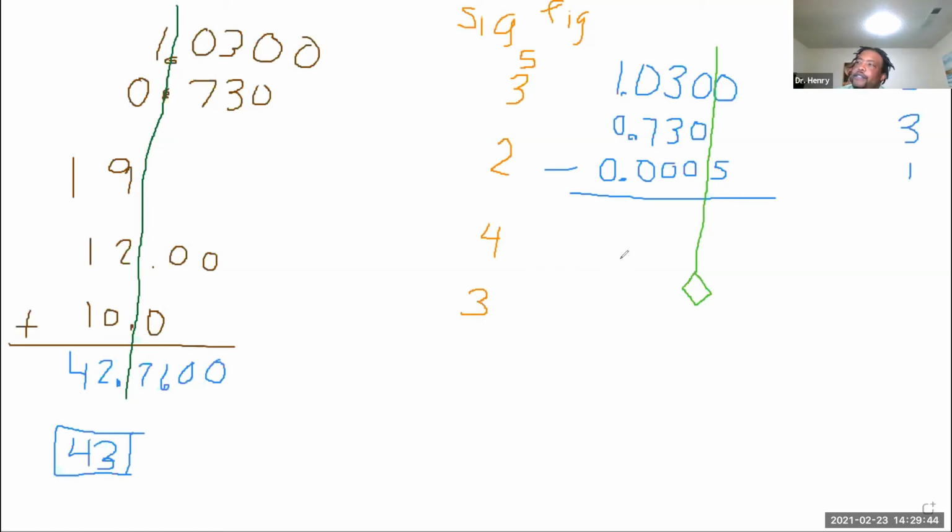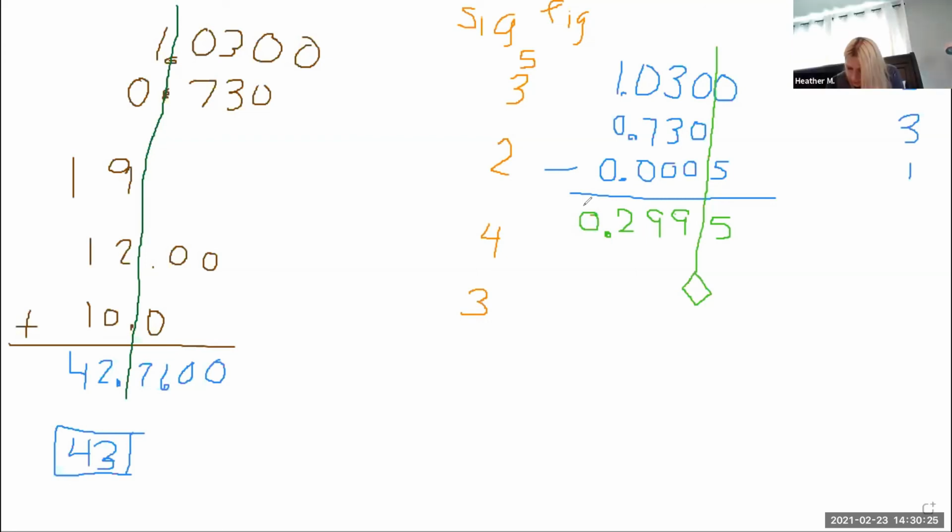Okay, so if we do the math, how many sig figs should we end up with?